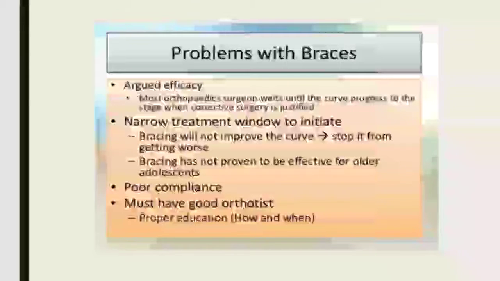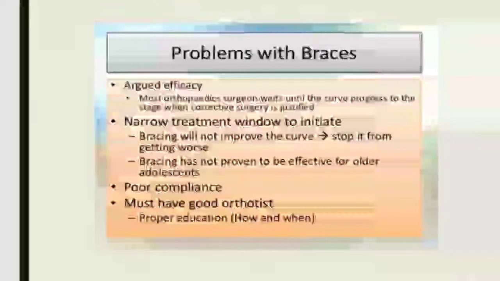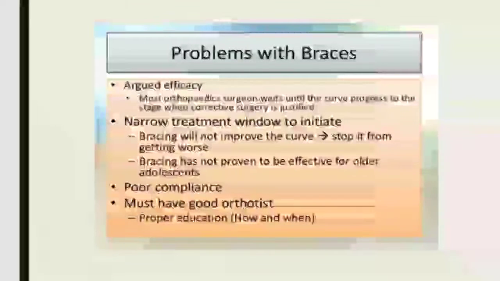Most orthopedic surgeons wait until the curve progresses to the stage where corrective surgery is justified. There is a narrow treatment window to initiate. Bracing will not improve the curve, it stops it from getting worse. Bracing has not proven to be effective for older adolescents.